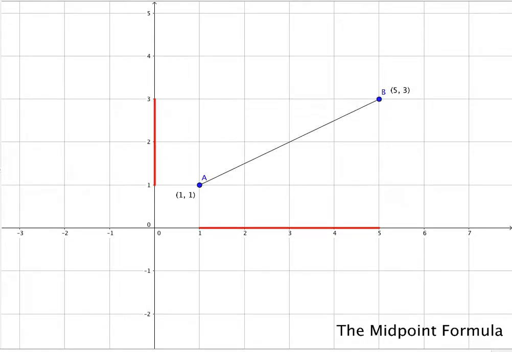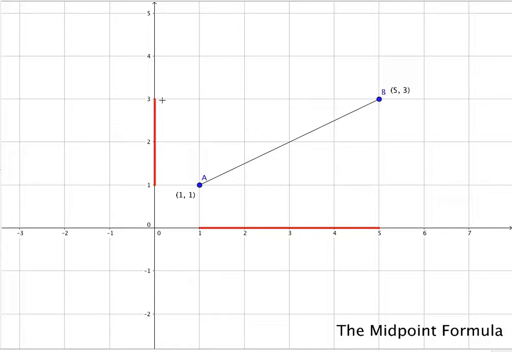So I want to just take a moment and think about what that means. That means that we're traveling from 1 to 5 in the x direction, and we're traveling from 1 to 3 in the y direction. So what would be halfway, what would be the midpoint of that traveling?